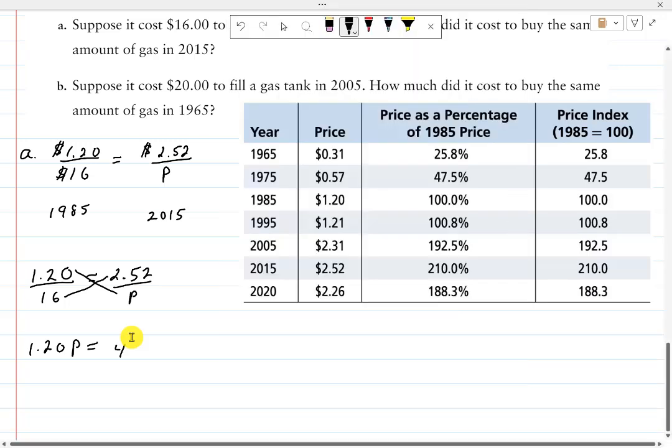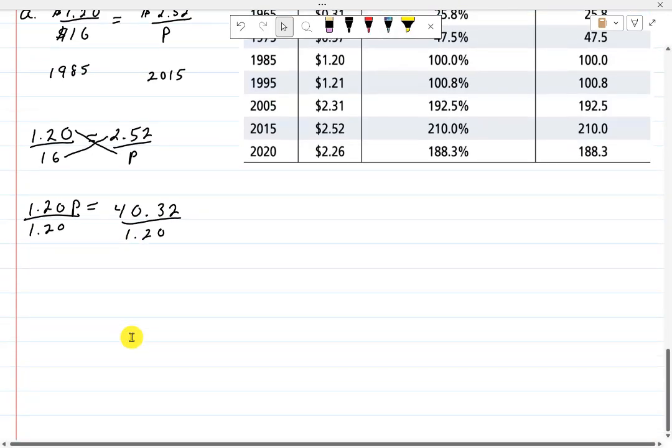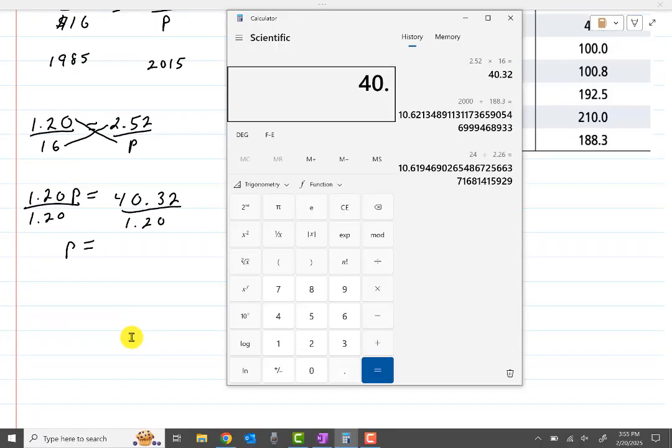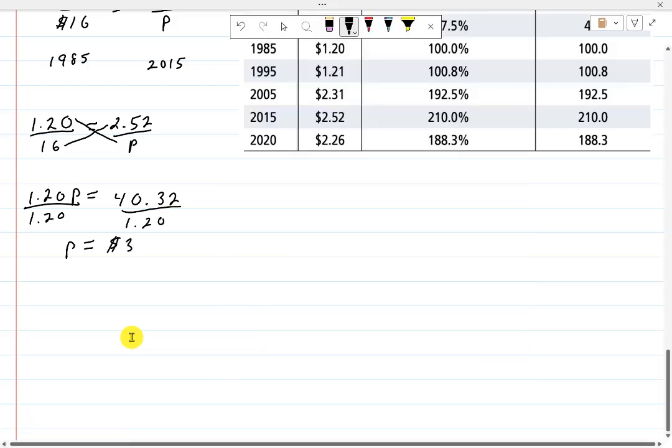I get 40.32, divide by 1.20, and we'll get our P. So it looks like we get $33.60 is how much that would cost.